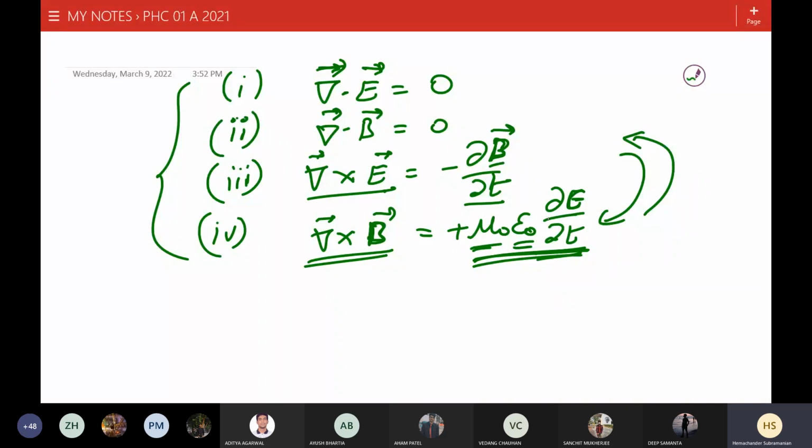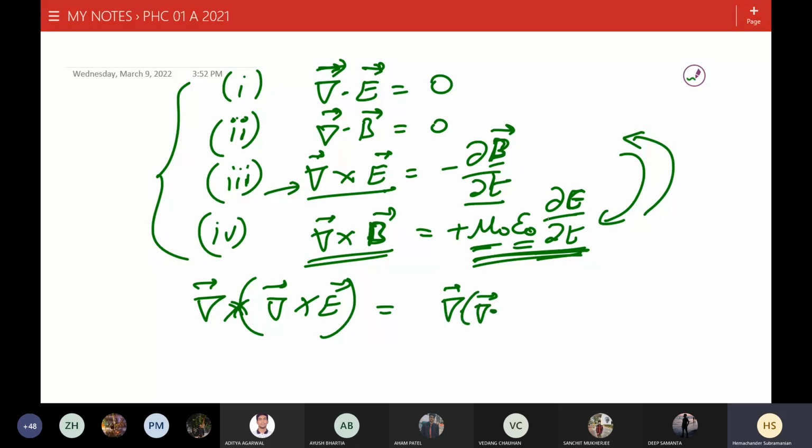What he did was to apply curl on this. So curl curl E. This is just mathematics, by the way. Curl curl E is grad div E minus del square E. The vector triple product formula is applied here, A cross B cross C. You have learned this, right?